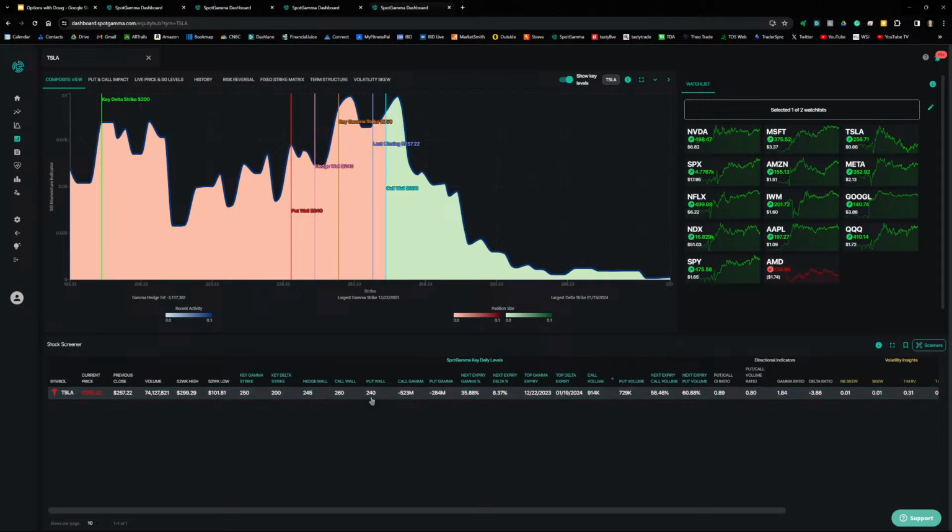All right, so for Tesla, the put wall is at 240. So that would be your first potential target lower.